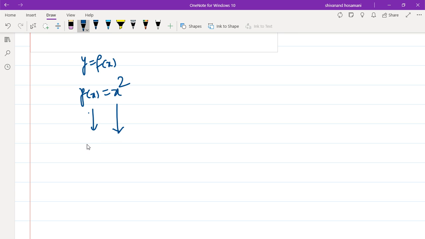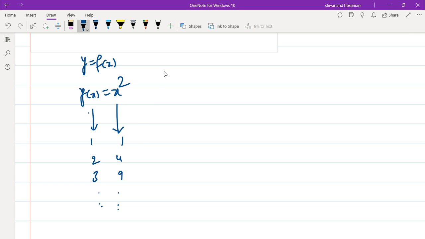Suppose x is 1, then it is 1, 2, then it is 4, 3, then this is 9, and so on. So this is what we do regularly. Given a function y is equal to f of x explicitly, we substitute the x values and we get the y value.